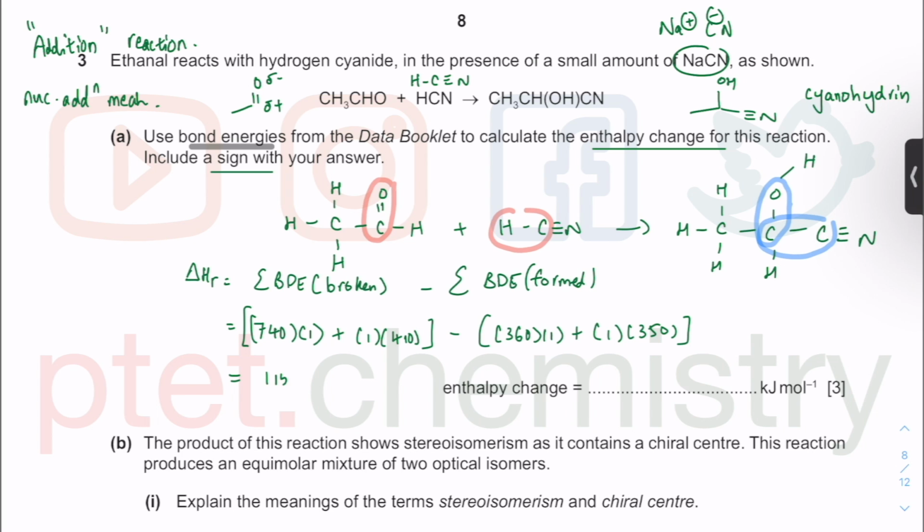My first addition gives me 1150, and the second one gives me 710. So 1150 minus 710. Of course, your calculator shows you 440, but include a sign. Even when they don't say include a sign, you know the enthalpy change has a sign, a value, as well as a unit. So always be aware of what you are calculating there.